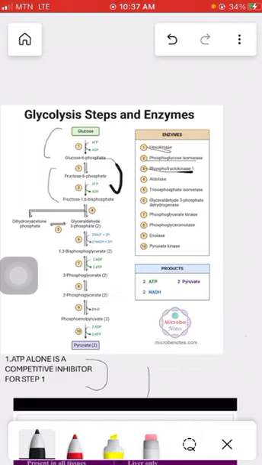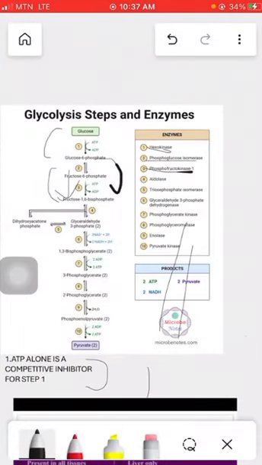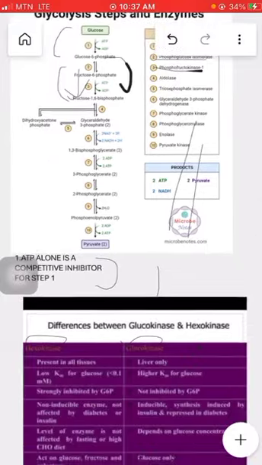You can see that it is only one arrow coming down. So step 3 too is irreversible. Note that. Let's look at something here. I wrote something here.